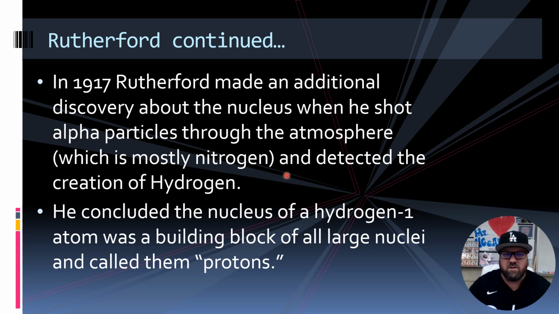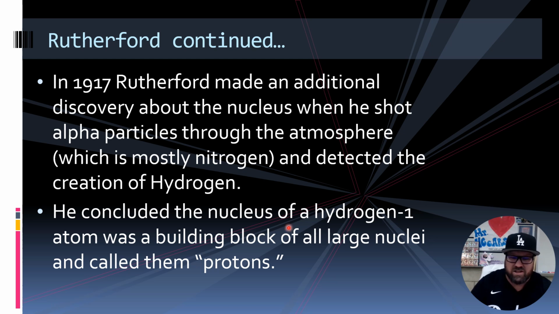And what he found is when he shot alpha particles through the atmosphere, he actually detected the creation of hydrogen atoms. So he started to do the math and figure out what's going on if I'm shooting alpha at nitrogen, and what he was creating is an atom of oxygen and an atom of hydrogen.